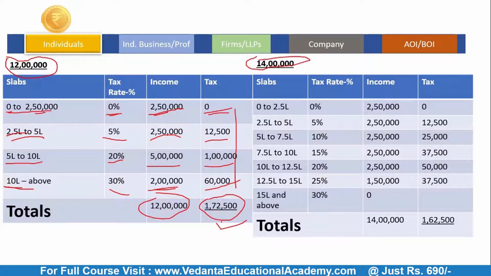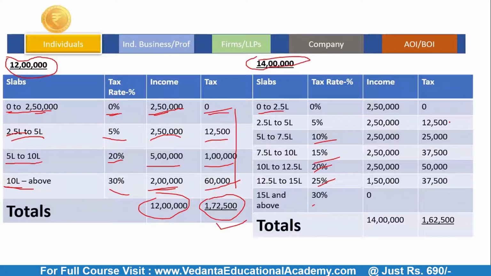This is the total tax liability as per the old tax regime, 1,72,500. Likewise, if you compare the new slabs, there is no tax between 0 and 2.5 lakh, 2.5 to 5 lakhs 5%, 5 to 7.5 lakhs 10%, 7.5 to 10 lakhs 15%, 10 to 12.5 lakhs 20%, 12.5 to 15 lakhs 25%, and 15 lakhs and above 30%.